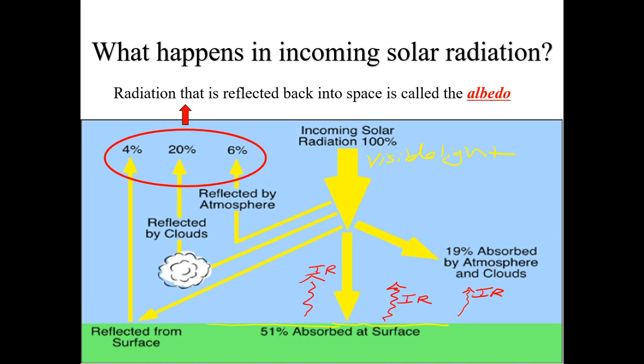Like, I walk out barefoot onto my concrete driveway at nighttime in the summer. It's still hot, it still burns my feet going out there. That's the IR. That's the infrared radiation coming off of the ground. You can't see it. It's invisible.